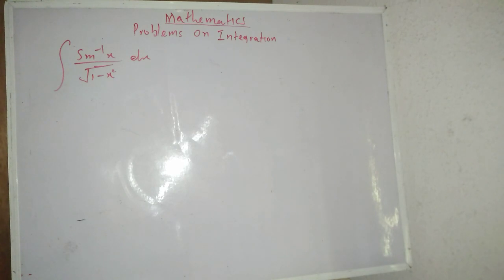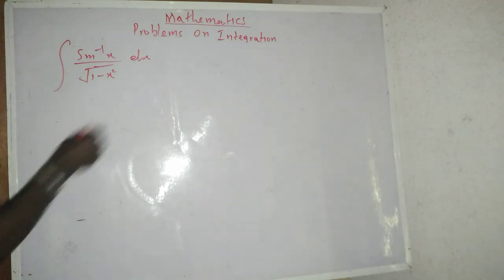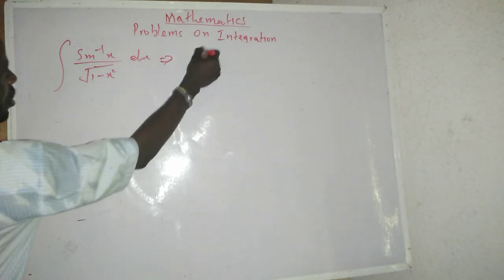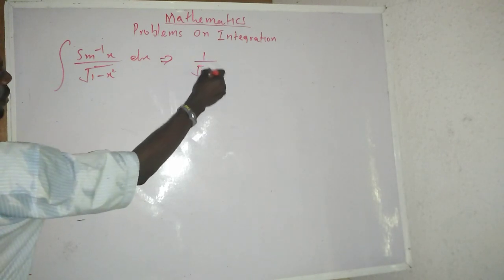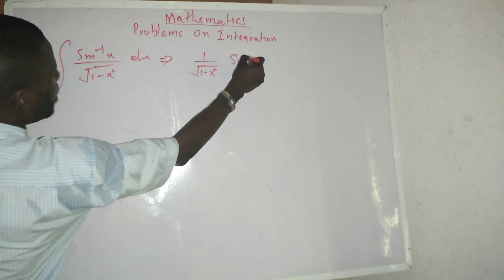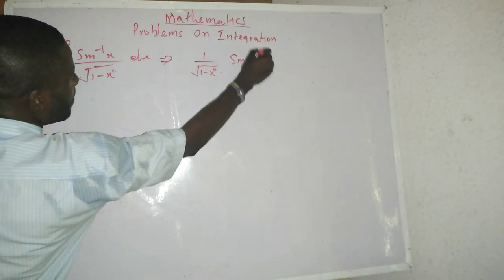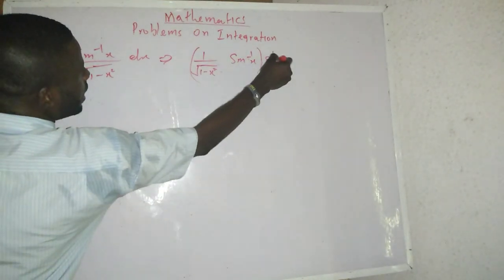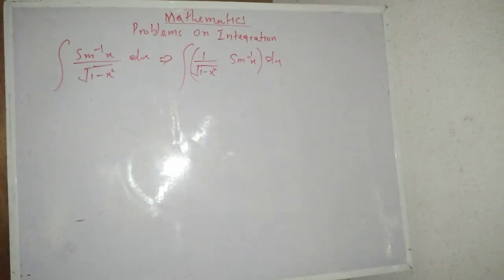Now, I can easily solve this particular problem. Hope you know that I can write this as 1 all over root of 1 minus x squared, times sine inverse of x, in the integral of dx. Now, I can easily write that as that.